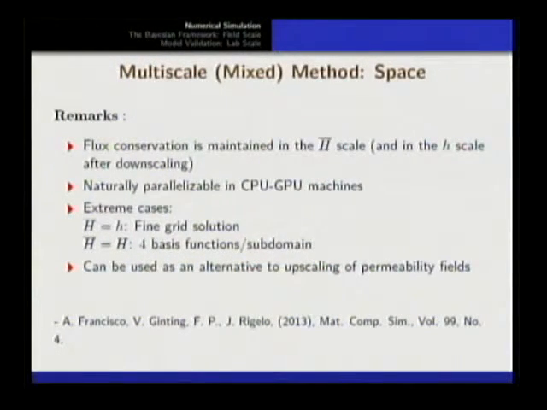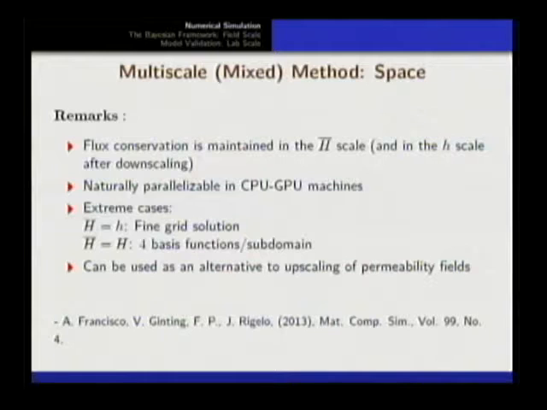And the method has two extreme cases that I wish to mention. If we make the intermediate scale H bar equal to the mesh size, then we recover a simple direct fine grid solution. So this is a good tool to debug the code. And if we assume that H bar is equal to the subdomain size, then we are close to some upscaling techniques used in reservoir engineering.